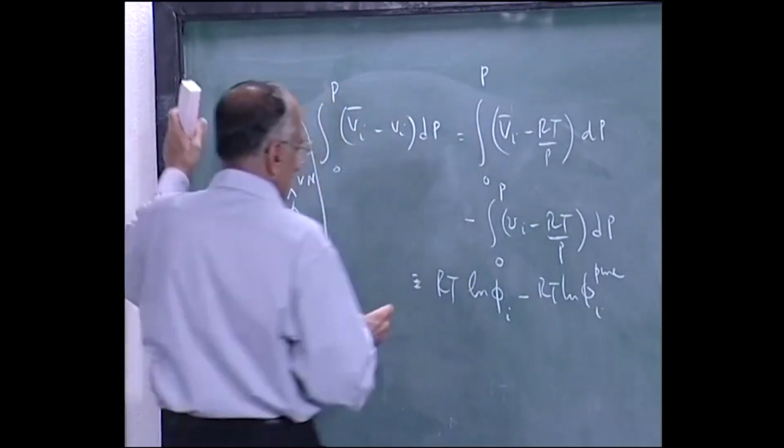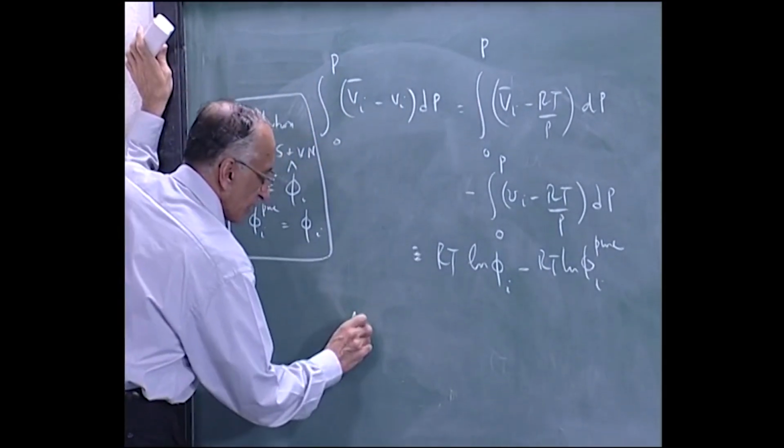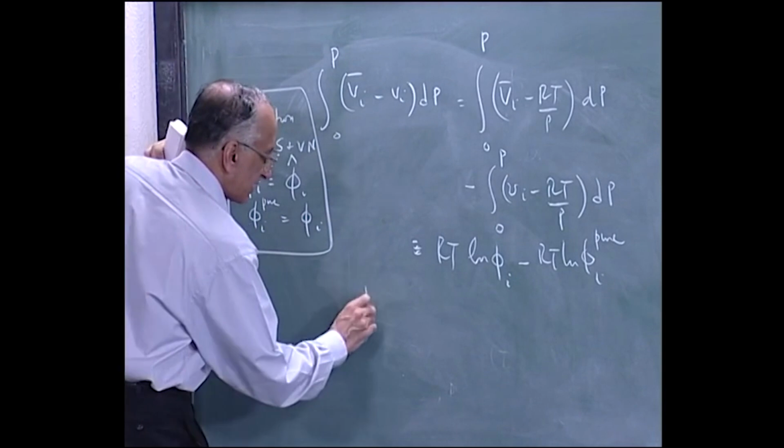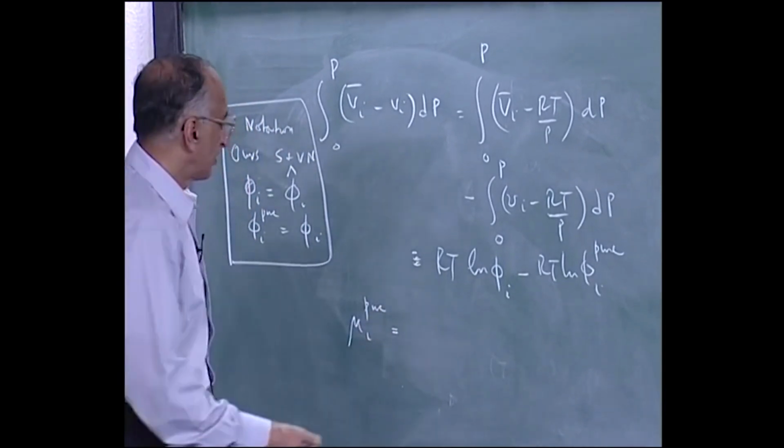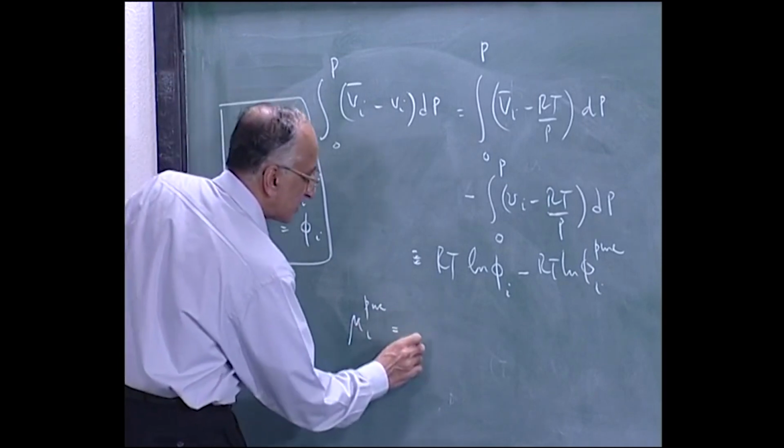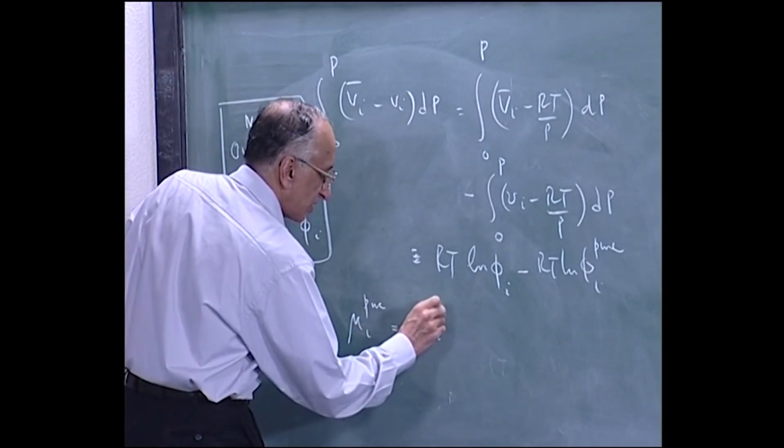So, let me get back and write these equations. Mu I pure in particular, let me write this out. Mu I pure is equal to mu I 0, I am sorry, mu I 0.